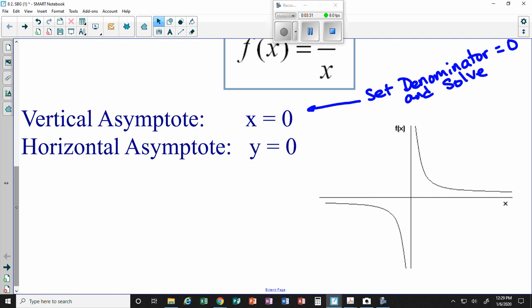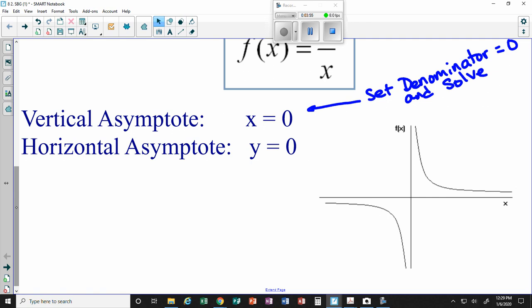Remember, we had vertical asymptotes when we talked about log functions, and horizontal asymptotes when we talked about exponentials. In both cases, what happened with the asymptote?